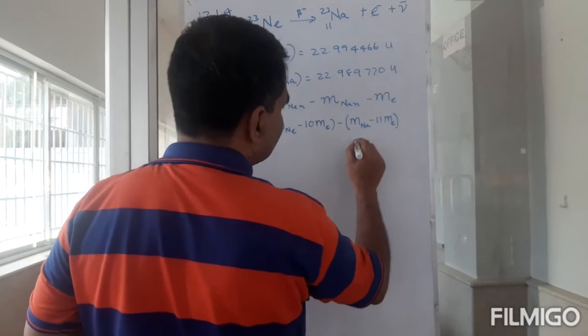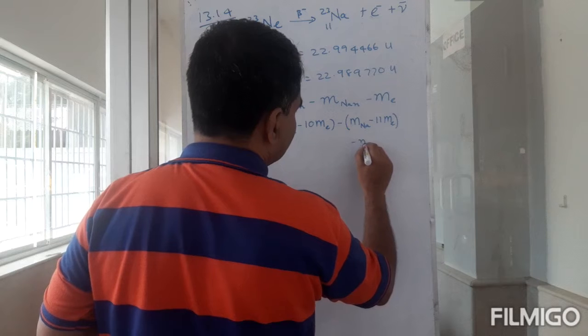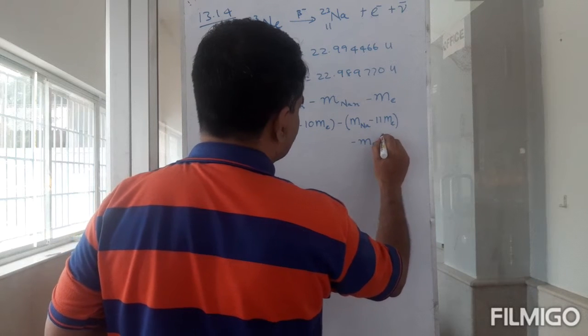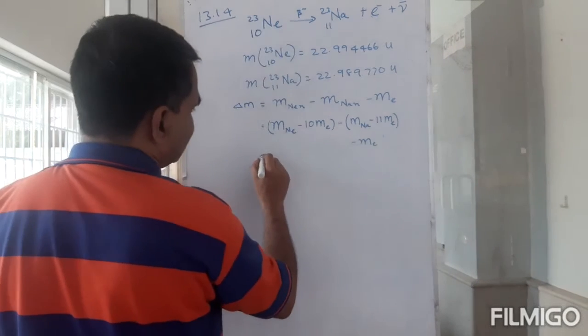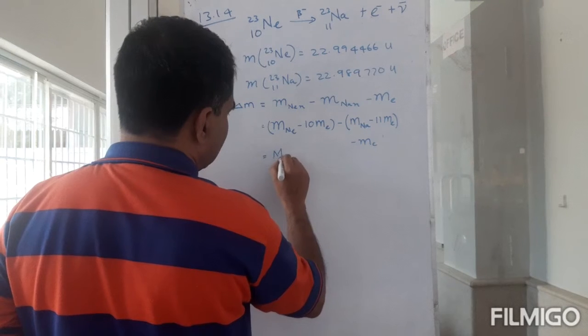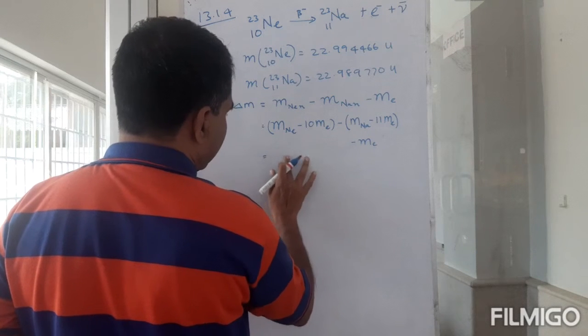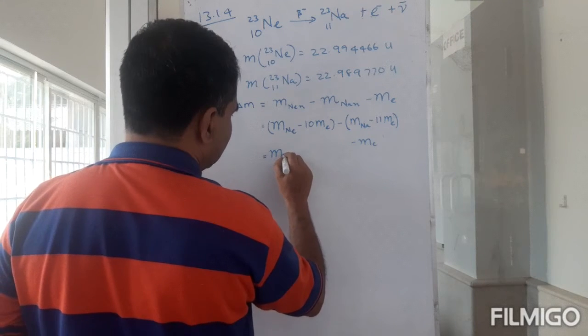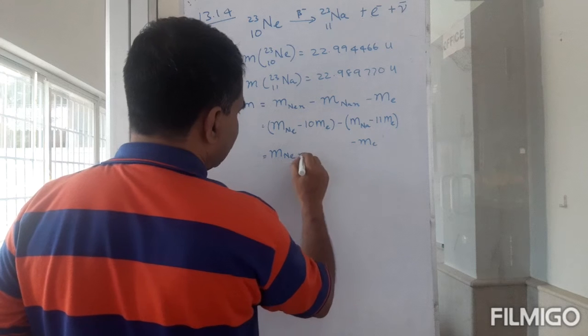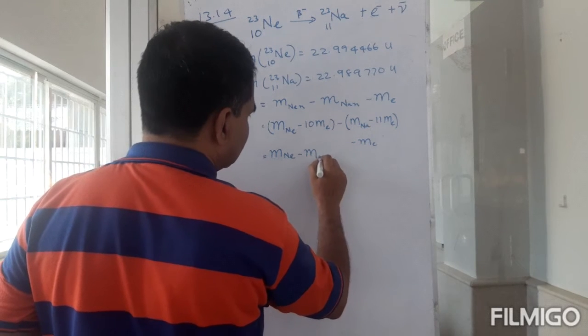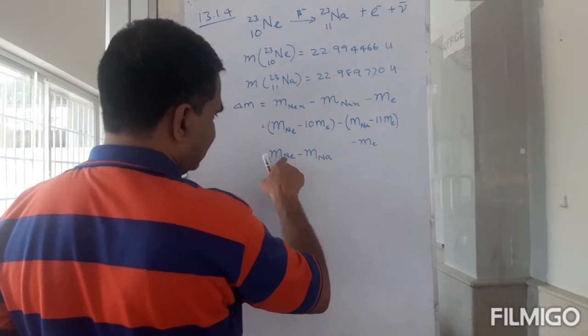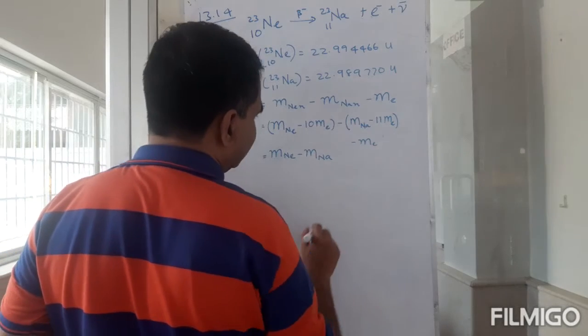And then minus the mass of this electron. This will result in the mass of neon atom minus the mass of sodium atom.